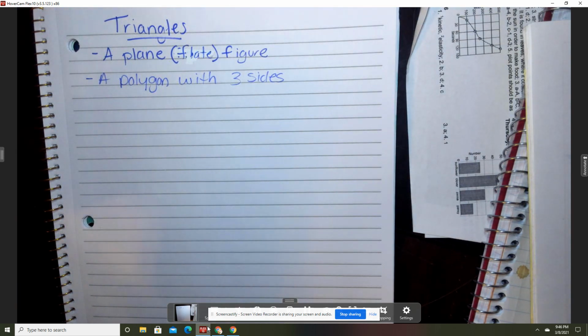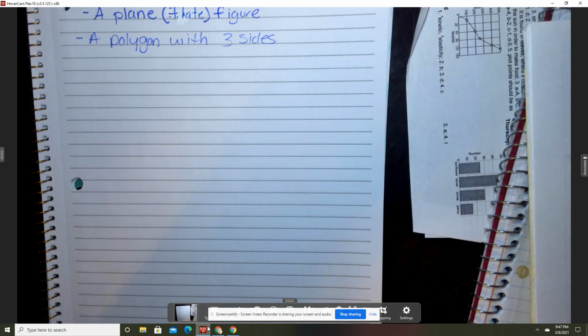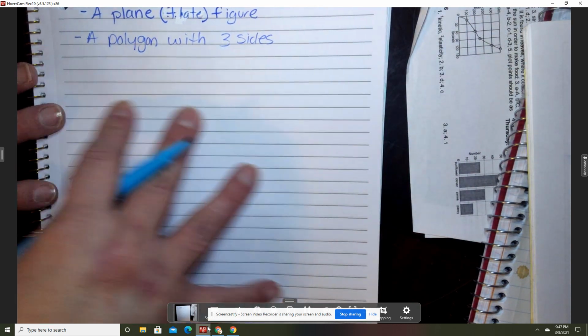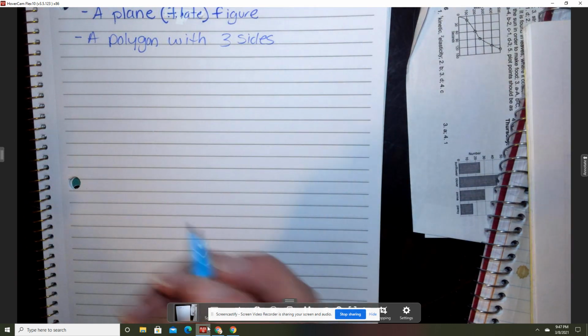But what is new to 5th grade is that there are two ways to categorize a triangle. The first way to categorize, which means to put into different categories, right? I'm using my hands up here and you guys can't see that. So there are two different ways to categorize triangles. There's one way by the sides and the other way is by the angles.